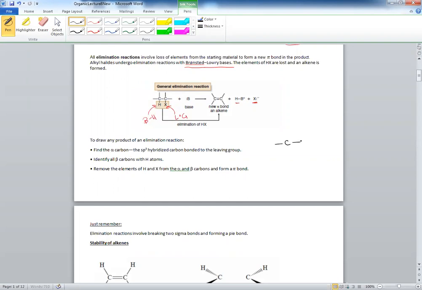So if I have this, X, that would be my alpha carbon. The beta hydrogens are attached to beta carbons, so they are on the adjacent carbons.